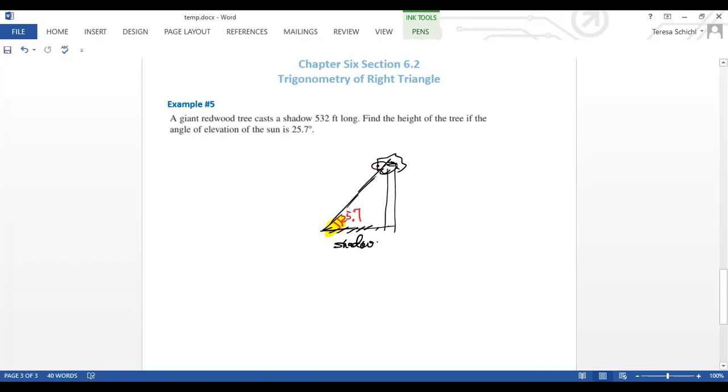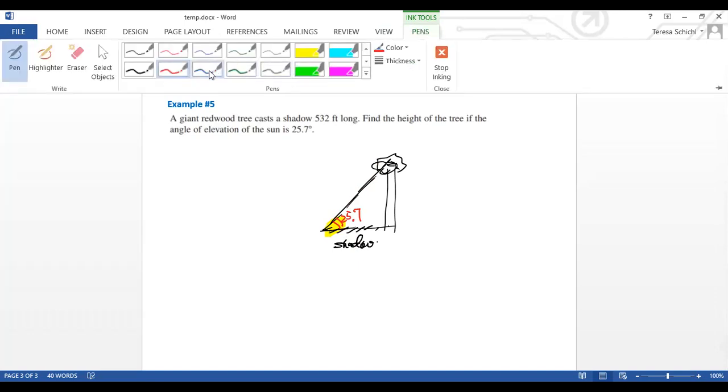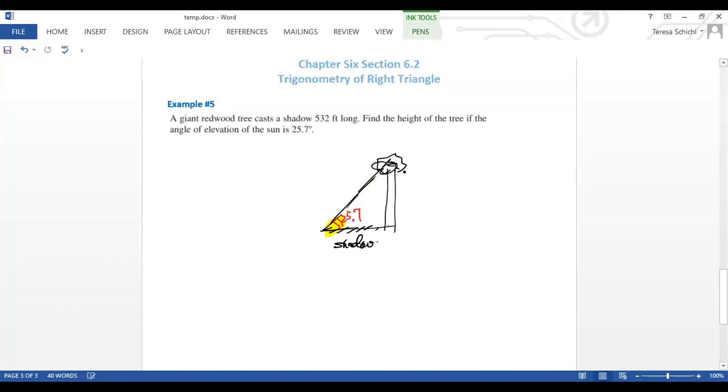What I'm looking for is the height of the tree, so let's say the height is h.